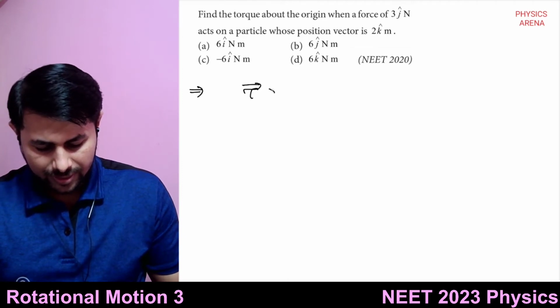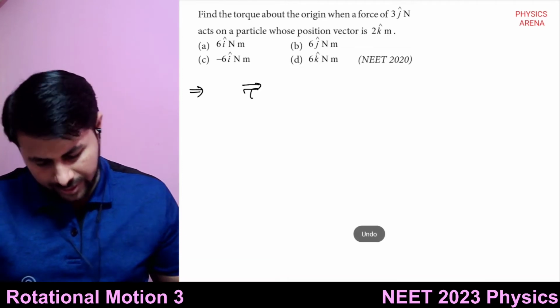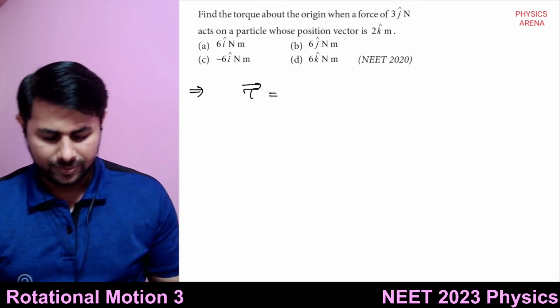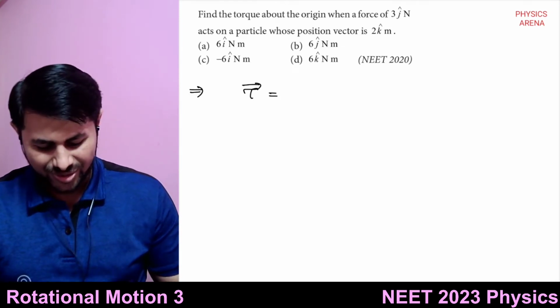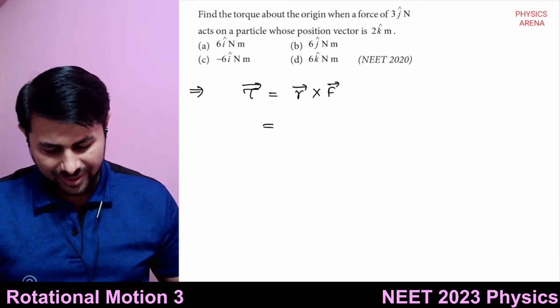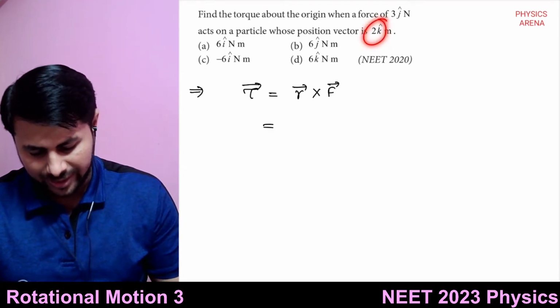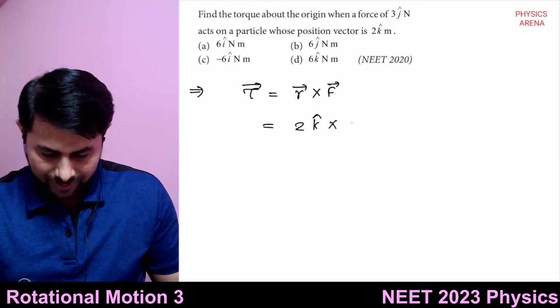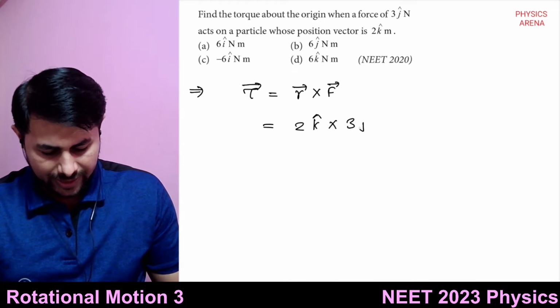Torque is 6 i cap or minus 6 i cap. It is r bar cross F bar, right? So see, r bar is 2 k cap. It is 2 k cap cross 3 j cap.